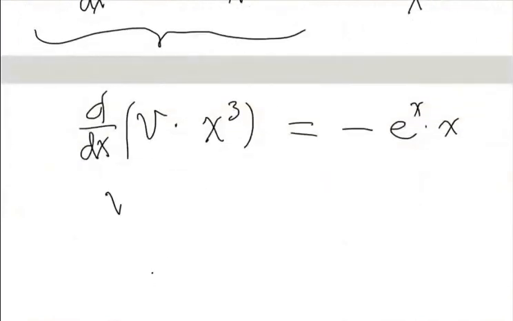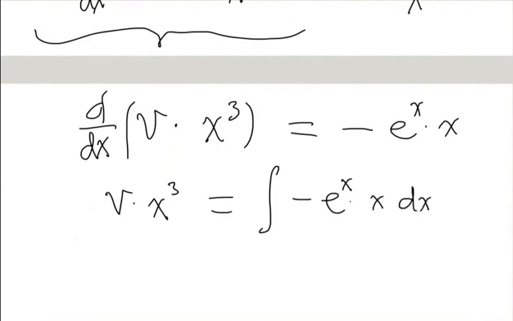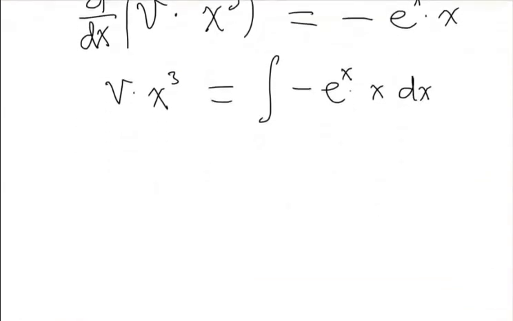So we integrate: v x cubed equals the integral of minus e to the x times x dx. How do we do this integration? Minus the integral of e to the x times x dx. Yes, you need to use integration by parts.